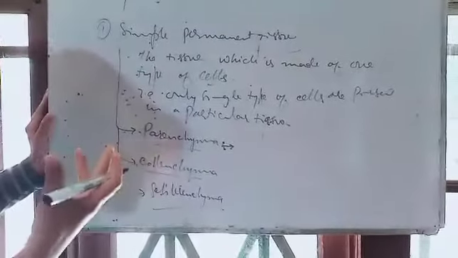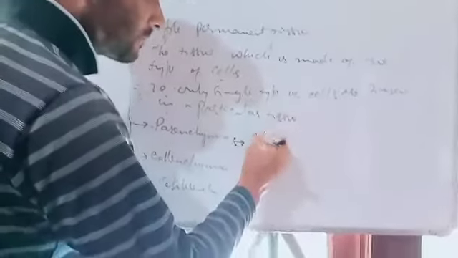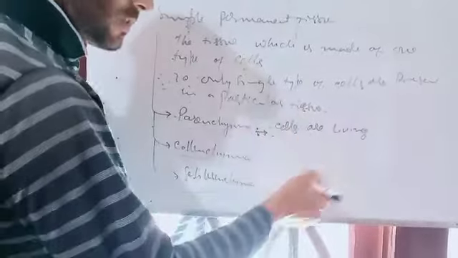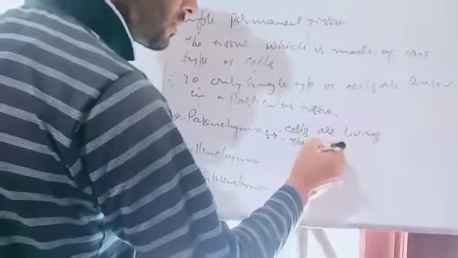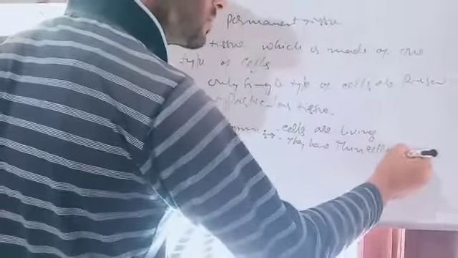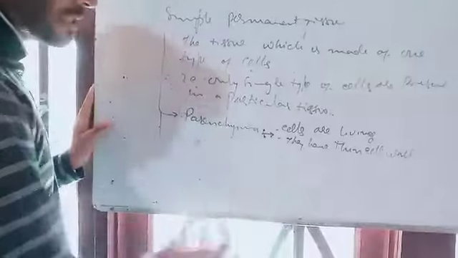What are the characteristics of the cells of parenchymatous tissue? Number one, the cells are living. Number two, they have a thin cell wall.